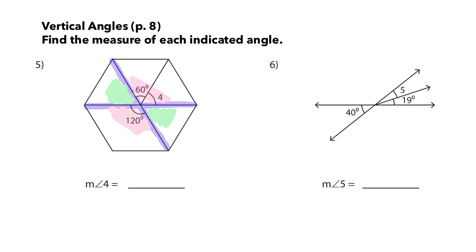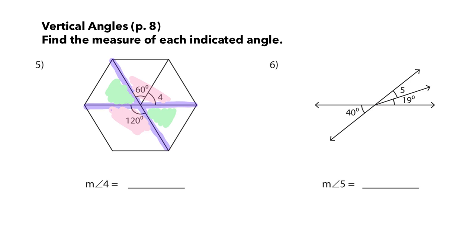Juju? So 120. No, 180 minus 120 is 60. Or we do 120 minus 60. It's just 120 minus 60 on this one.